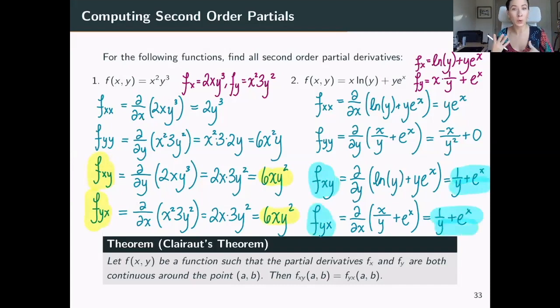And this holds generally, and it's known as Clairaut's theorem. It says that if we have a two-variable function and the partial derivatives are both continuous at a given point (a, b), then the second order partials, xy versus yx, are always going to be equivalent.